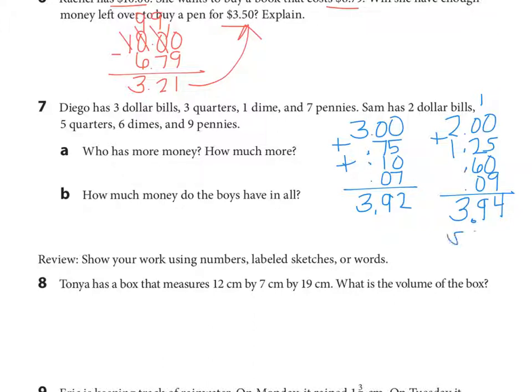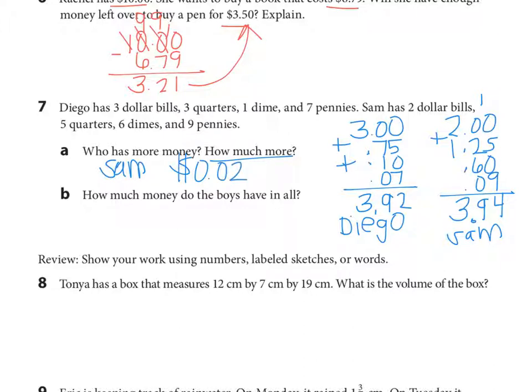So this is Sam, and this is Diego. Who has more money? That's right, Sam does. And how much more does Sam have? Because that's what the second part of the question asks, how much more? So what's the difference between the $3.94 and $3.92? The difference is 2 cents. That's right.